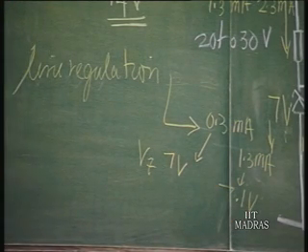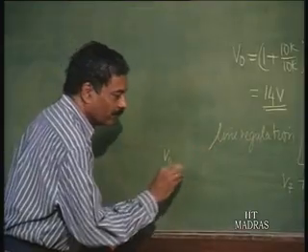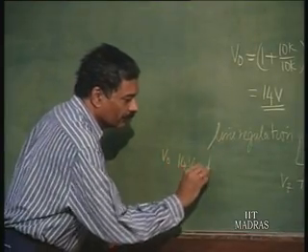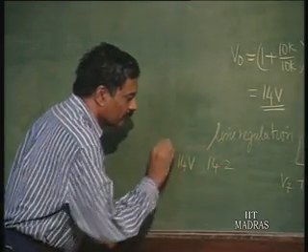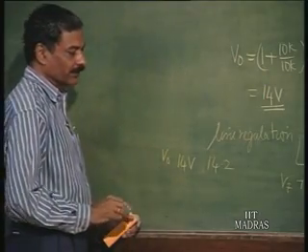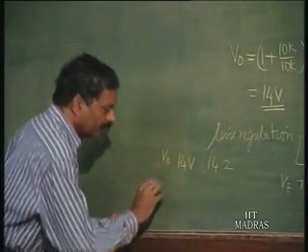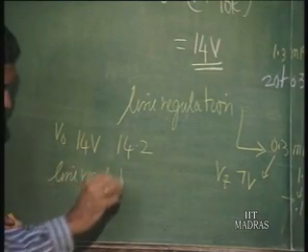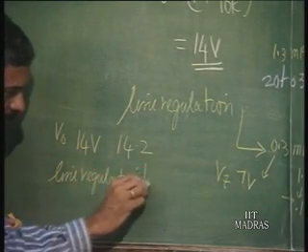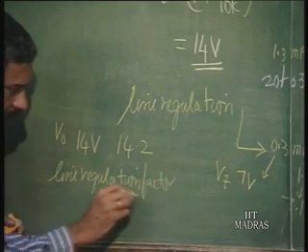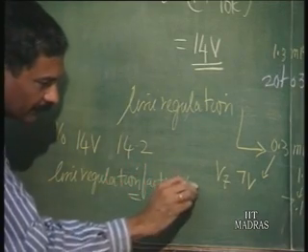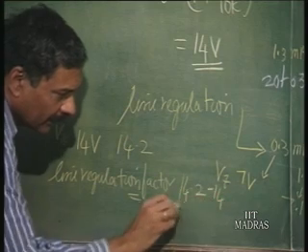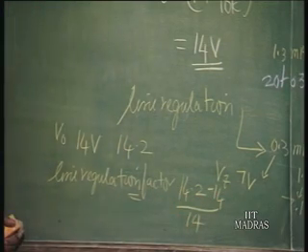So, output voltage is going to change from 14 volts to 14.2 corresponding to this. So, line regulation factor is going to be 14.2 minus 14 by 14.